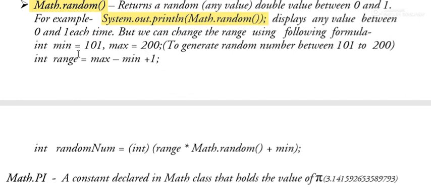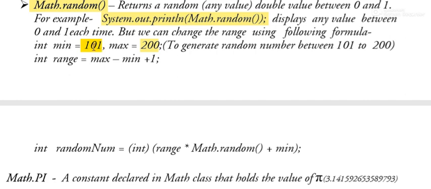but by multiplying with any other number we can change the range. For example, if you want to generate any number between 101 and 200, that means from 101 to 200, then we have to generate it by using this formula.